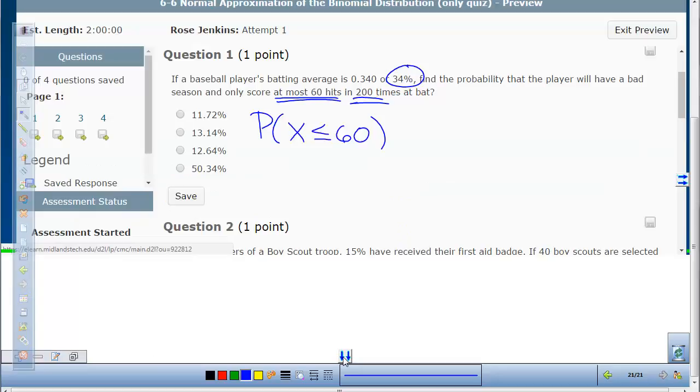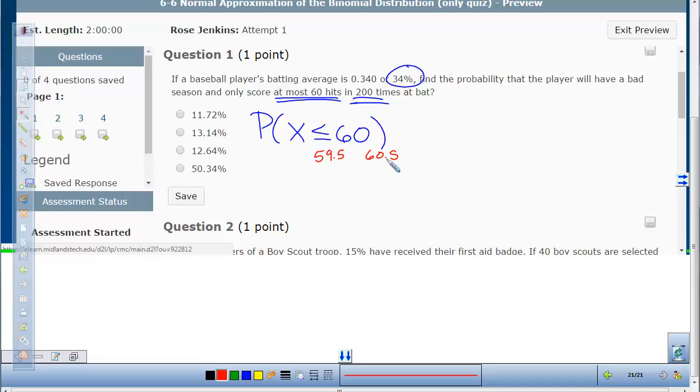However, we have to account for the fact that we are going from a discrete distribution to a continuous distribution. The first thing we have to do is find out how we are going to represent the number 60 in our continuous distribution. So we would carve out an interval, go a half unit down, a half unit up, and this would be the interval that represents 60.